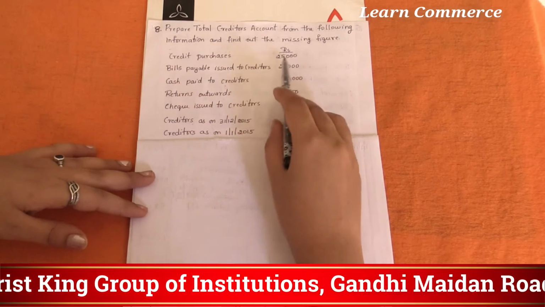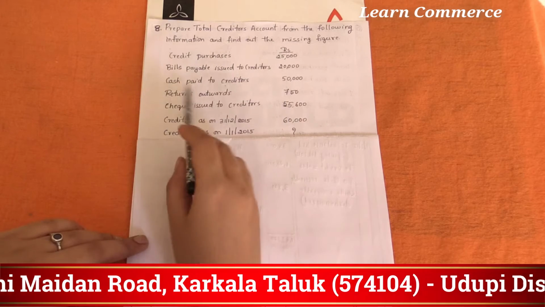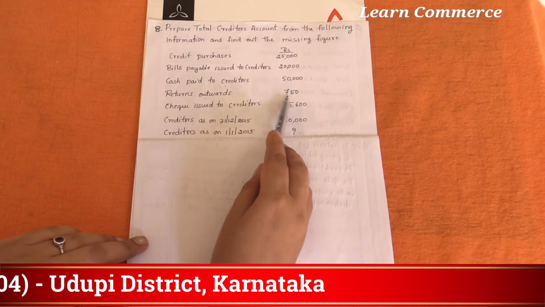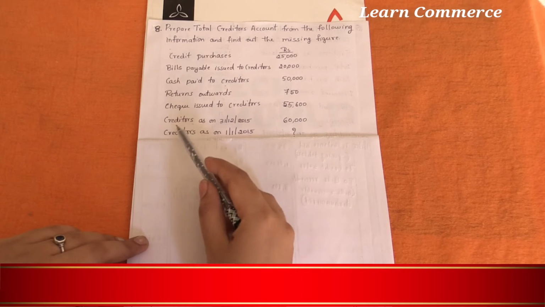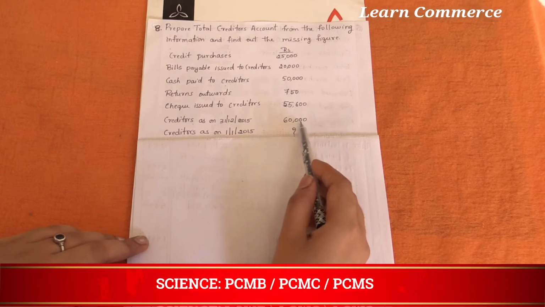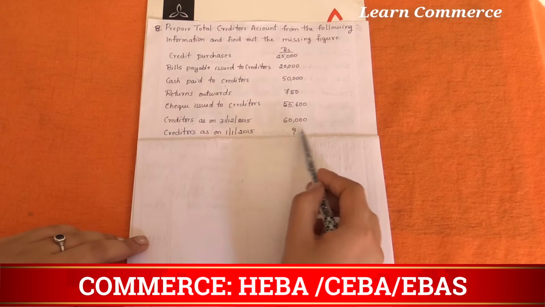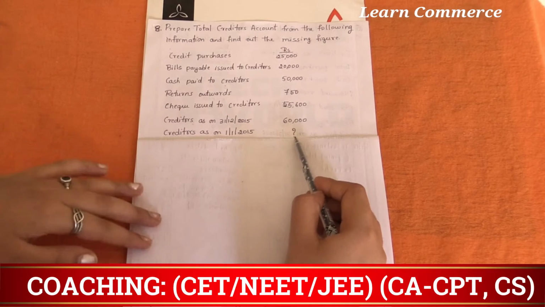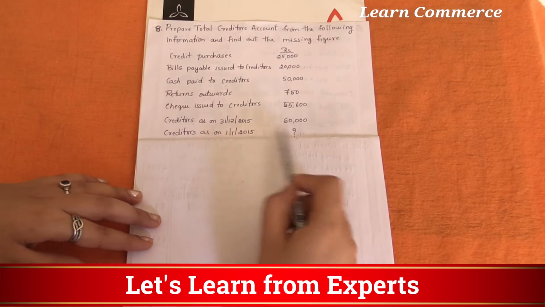Here credit purchases 25,000, bills payable issued to creditors 20,000, cash paid to creditors 50,000, returns outwards 750, check issued to creditors 55,600, creditors as on 31st December 2015, that is 60,000, creditors as on 1st January 2015 is nil, means question mark. We have to find out the opening balance of the creditors. In the question they asked, find out the missing figure. The missing figure is opening balance of the creditors.